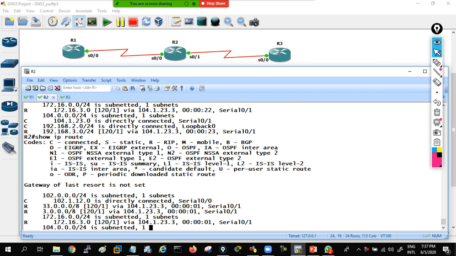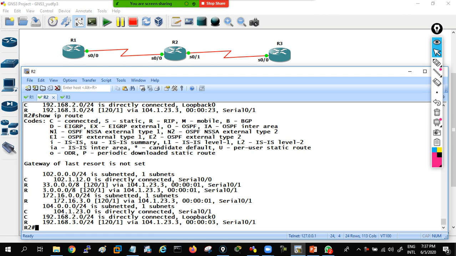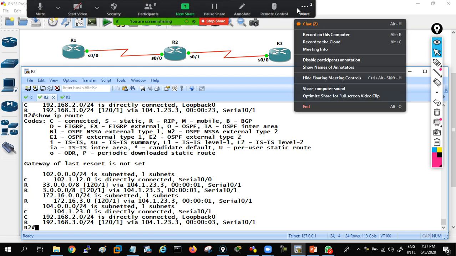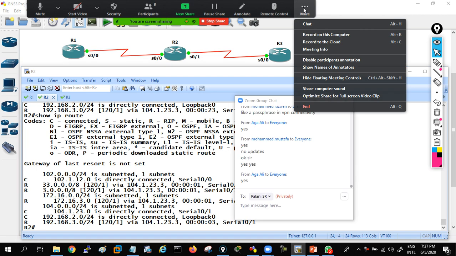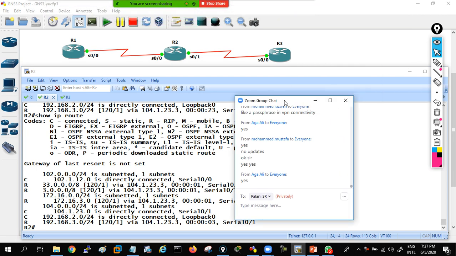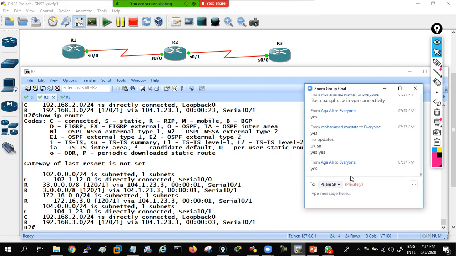See there, everybody. Are you able to see that? There is no update, because the authentication is mismatched. There is no authentication, we didn't configure it here.